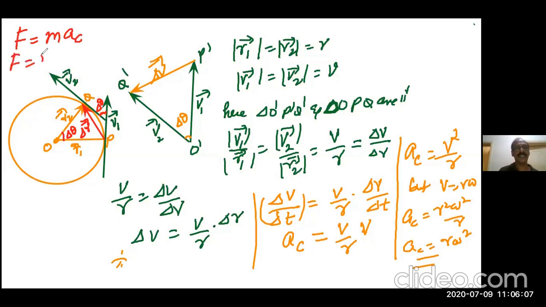That is F is equal to M into V squared by R. Centripetal force FC is equal to M V squared by R. We can replace it by M R omega squared. Finished. This FC is known as centripetal force.